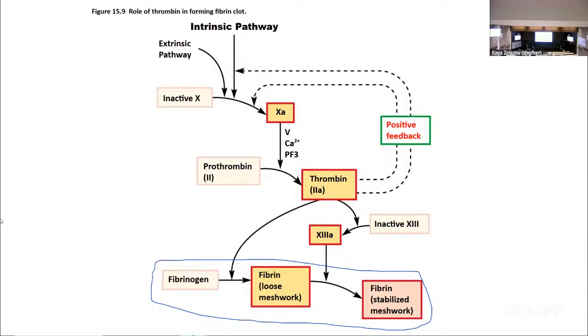So our next most important piece to remember here is going to be this clotting factor called thrombin. Okay. Now you'll notice we have Roman numerals throughout this in a lot of places. Unfortunately, they're not numbered in the order that we have to activate them.